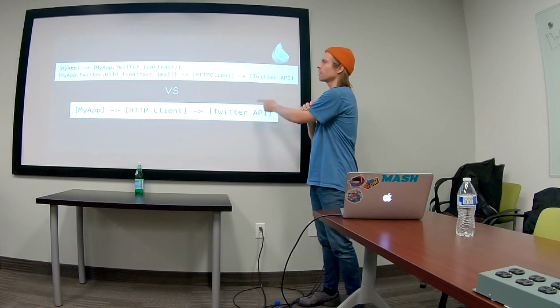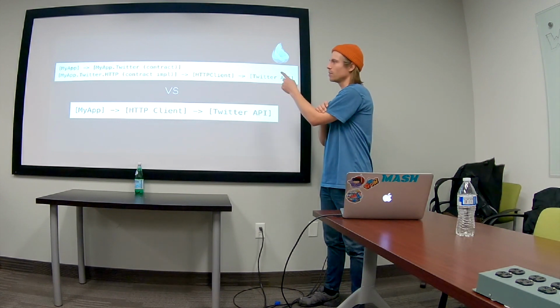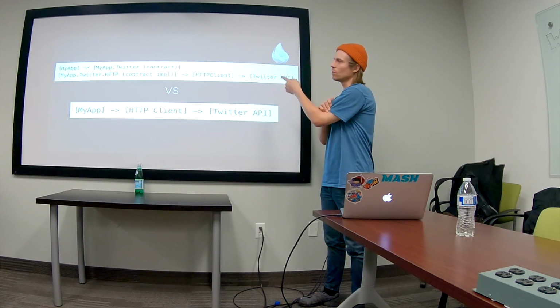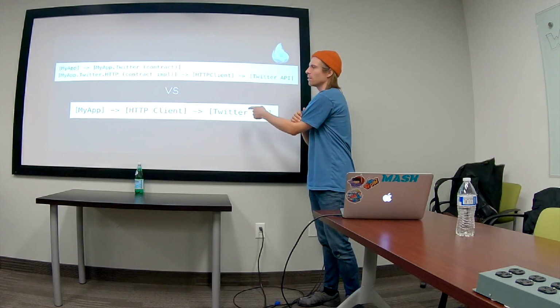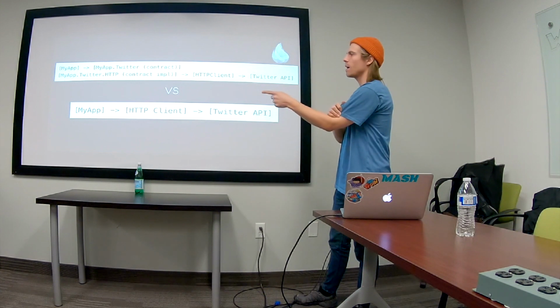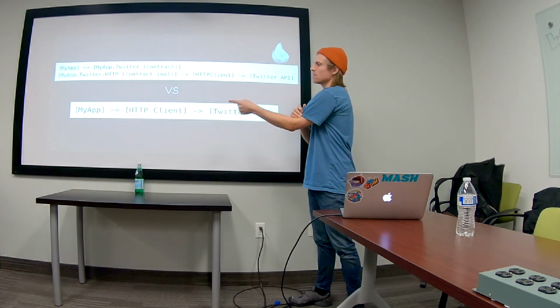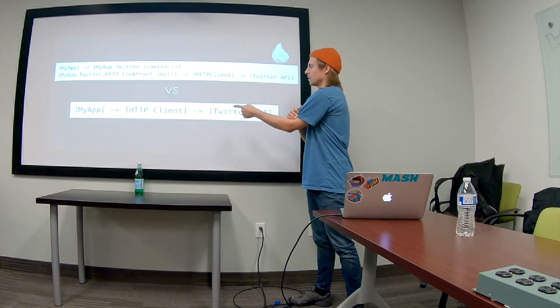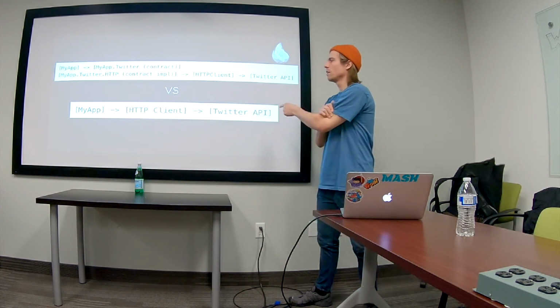So if you look at these two approaches to that controller that we were just looking at, let's look at the bottom one first. This is the not so great example, because in the test you're saying the application depends on the HTTP client, and that depends on the Twitter API.